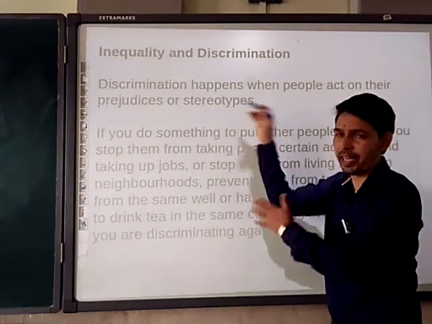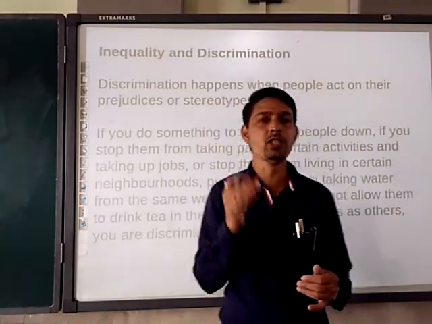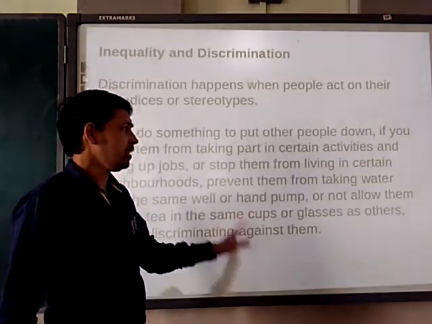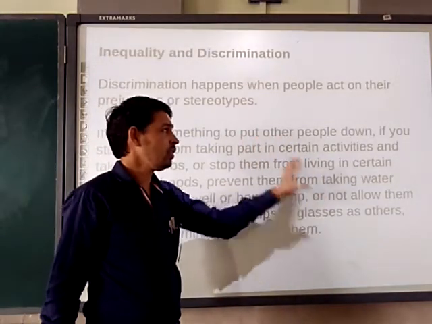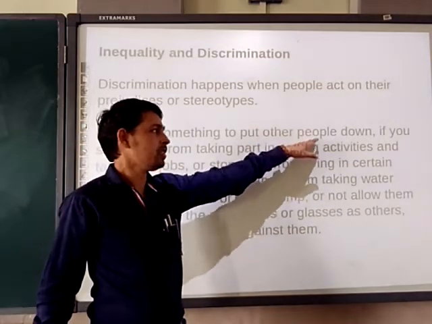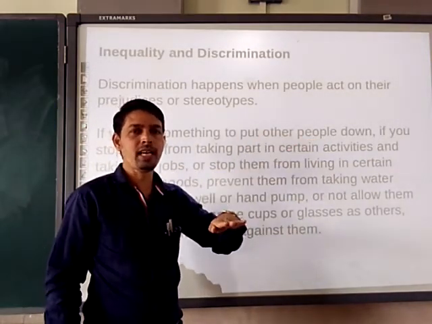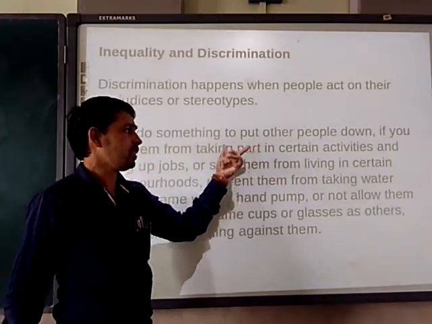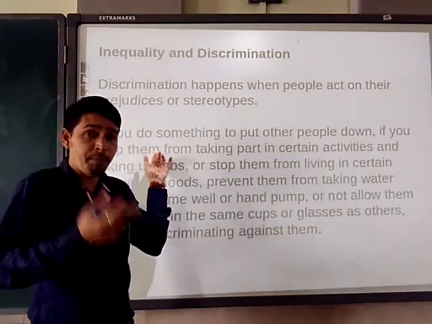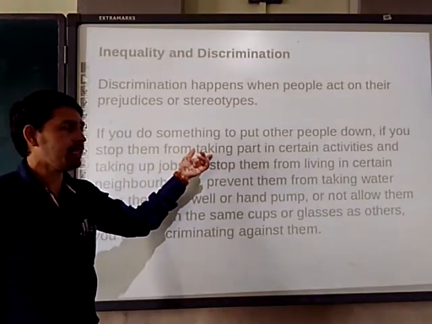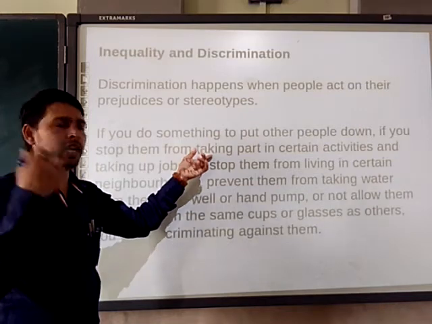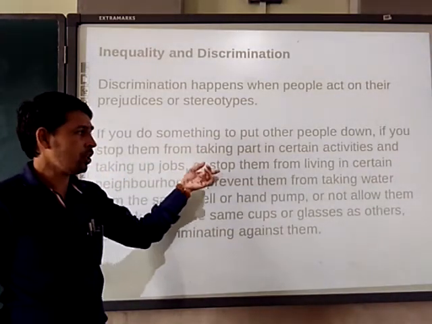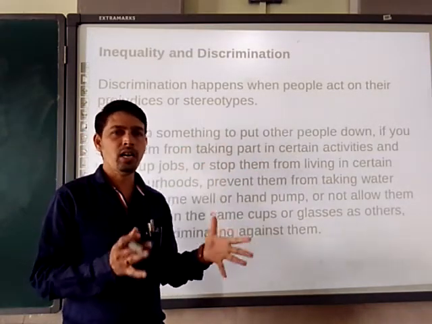So by hearing this paragraph, you are understanding when people are discriminating. In which way? These are the ways. First, if you are putting them down, not keeping them at our status. Second, you stop them from taking part in certain activities, not allowing them to do certain jobs or stopping them from living with us.